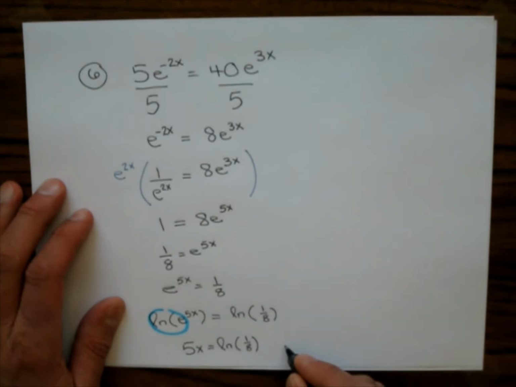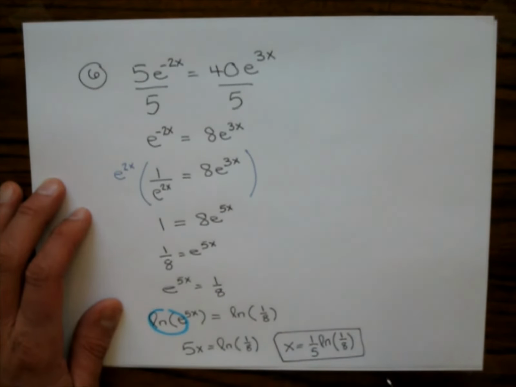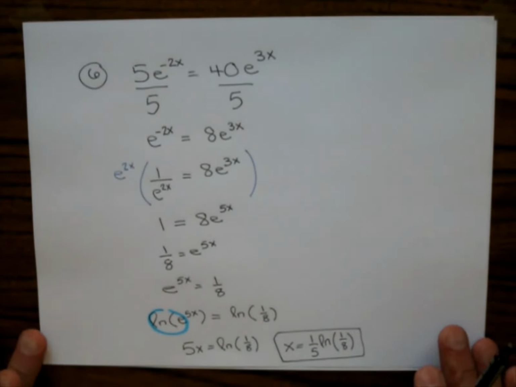And so I'm bringing it over here. x is going to equal 1/5 ln of 1/8. Now the book will probably write this as negative 1/5 ln of 8 because they'll do a quotient rule here, ln 1 minus ln 8. This is good enough. But just be aware when you're checking your answers that sometimes the book may have a different looking answer, and it's just properties of logs.